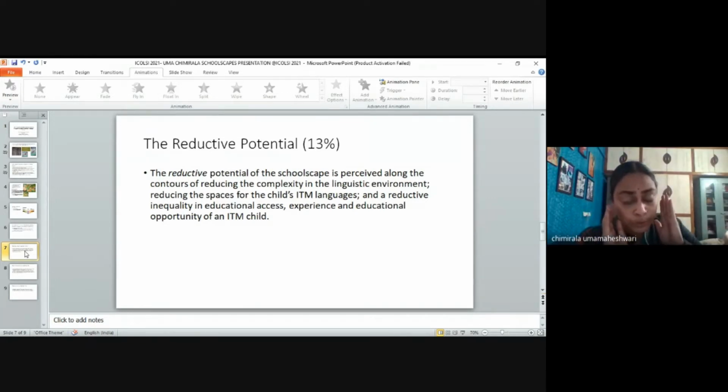So you also begin to see that when teachers say this is reducing, what is it that it is reducing? The linguistic environment becomes concentrated on 2 languages, when the possibility of building multilingual capabilities has not been brought into that educational space.